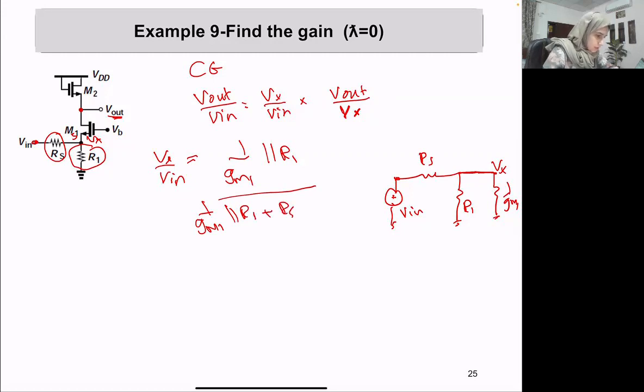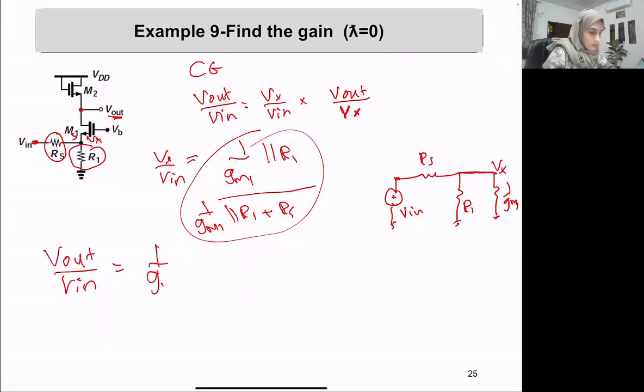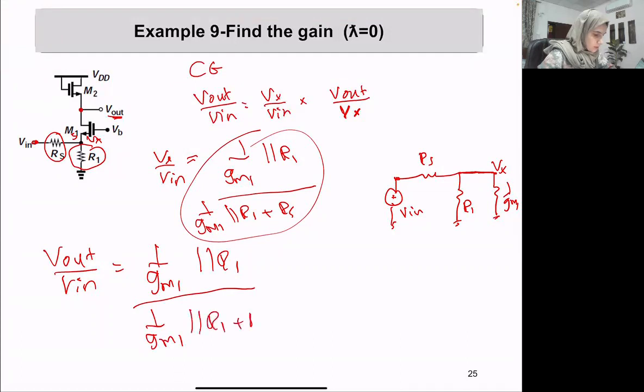And then if we do V out over Vn, it will be this part here, 1 over Gm1 in parallel with the R1, over 1 over Gm1 in parallel with the R1 plus Rs, times GM RD. Now what is GM RD? The V out over Vx.